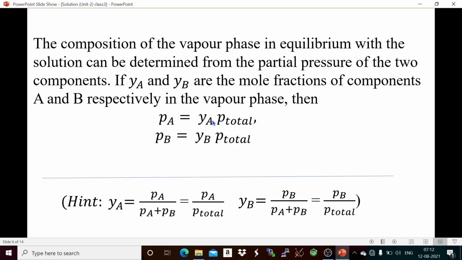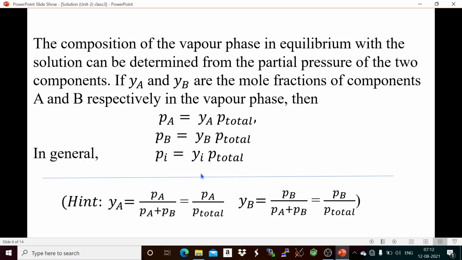Now YA and YB are the compositions of components A and B in the vapor phase. So in general we can write PI is equal to YI P total, that is, the partial vapor pressure of component I is equal to the mole fraction of component I times P total. Y represents the mole fraction in the vapor phase, remember.